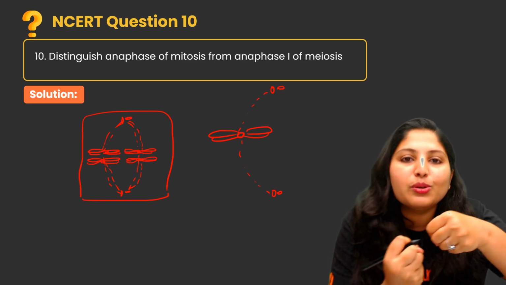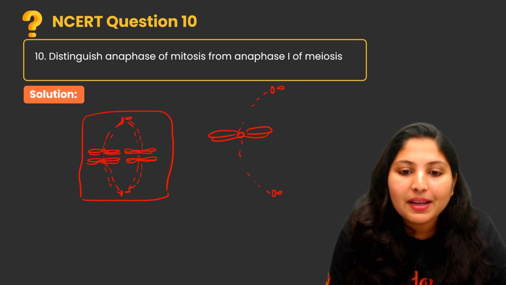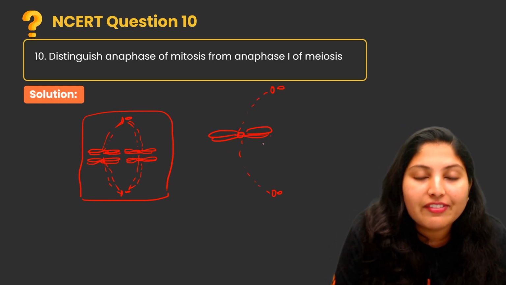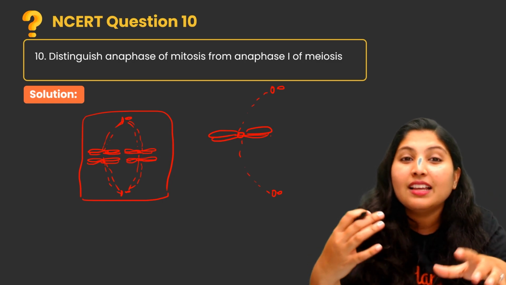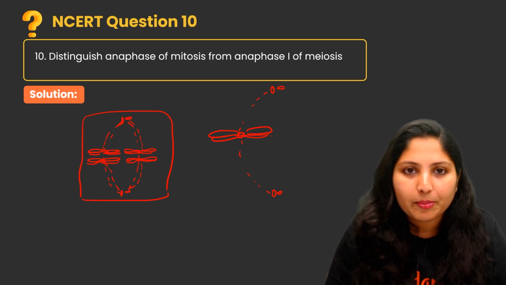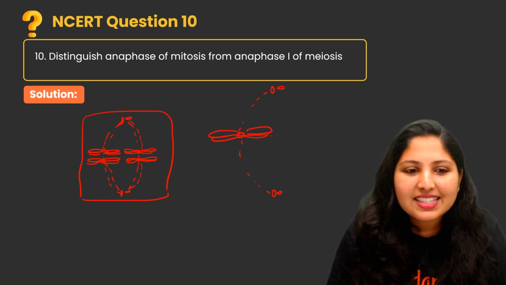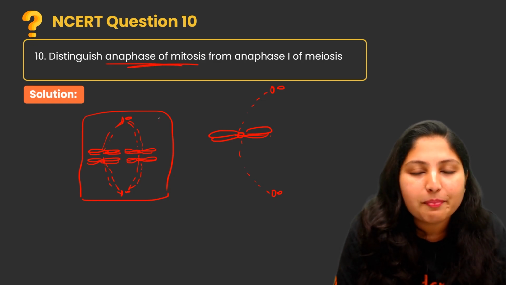When these 2 spindle fibers pull, the centromere will divide and the chromatids will split and move to opposite poles. Clear, right? This happens in anaphase of mitosis.